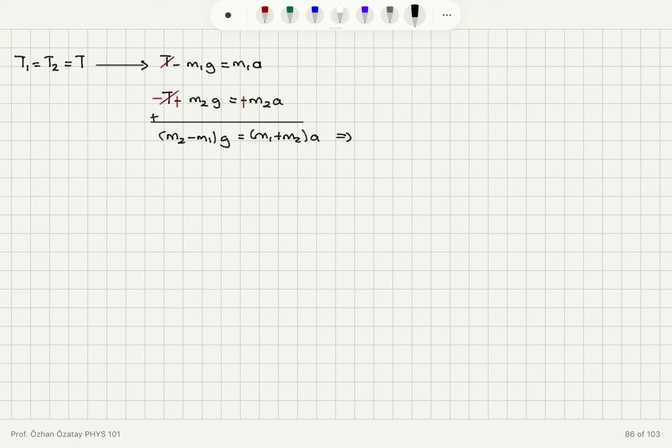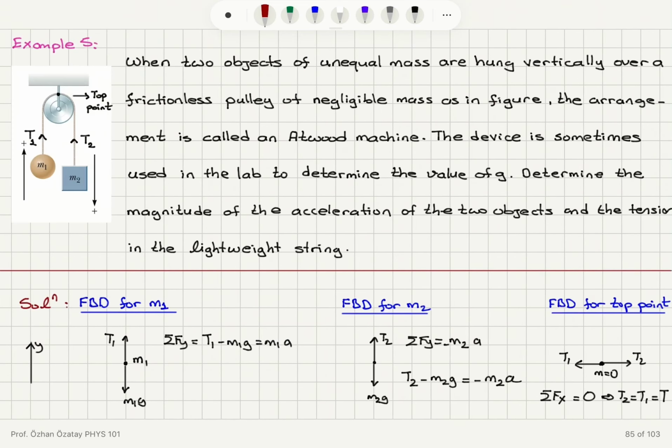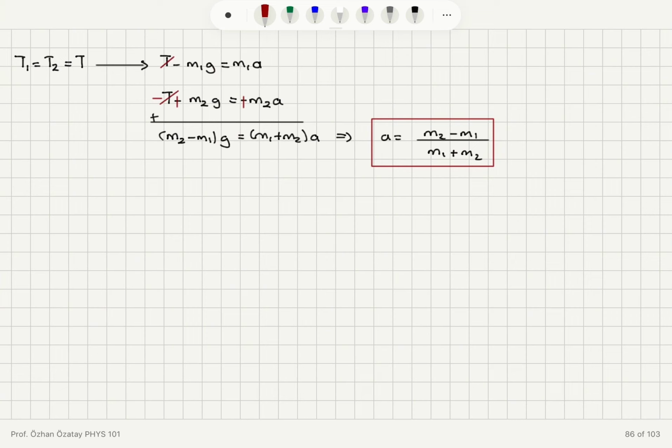So this is going to give me, for the acceleration of the system, a equals M2 minus M1 divided by M1 plus M2, times g. So this is the magnitude of the acceleration. It's pointing down on the right hand side, pointing up on the left hand side. Okay, so when M2 is greater than M1, you can see that this is going to be the scenario.